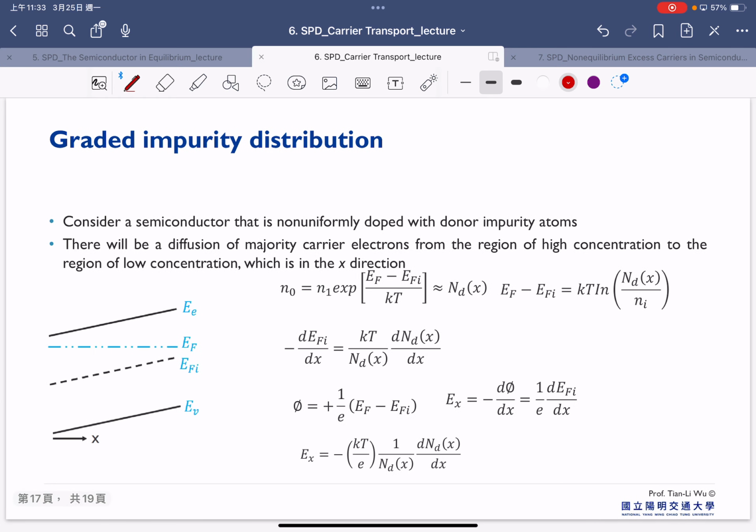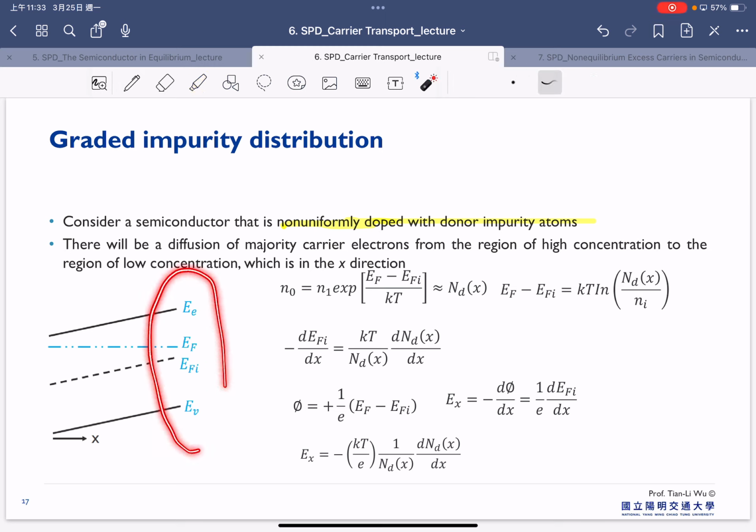Okay, but in reality, not everything is as simple as we showed, with a very uniform distribution. In reality, it is possible that the semiconductor has non-uniform doping with donor impurity. So this is the case.